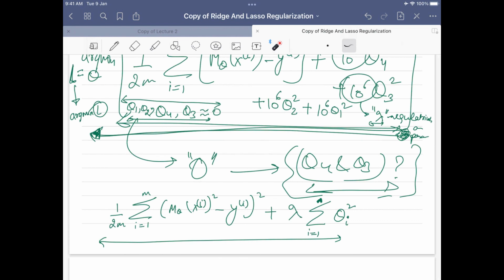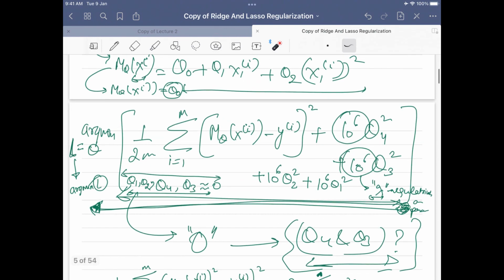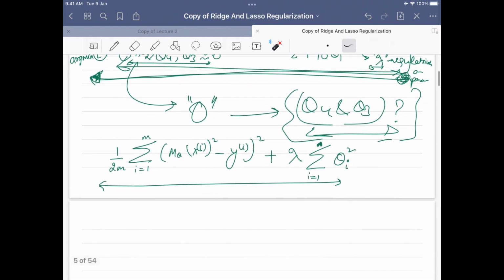And note that we do not know which theta we want to keep. Like there are multiple thetas, right? We do not know which theta will be penalized to which extent. So what we do is we take all the thetas into consideration except theta 0.